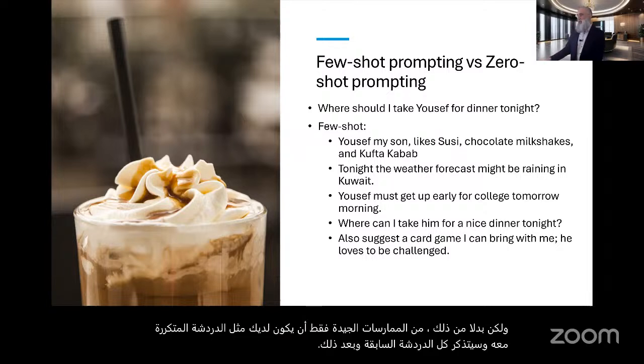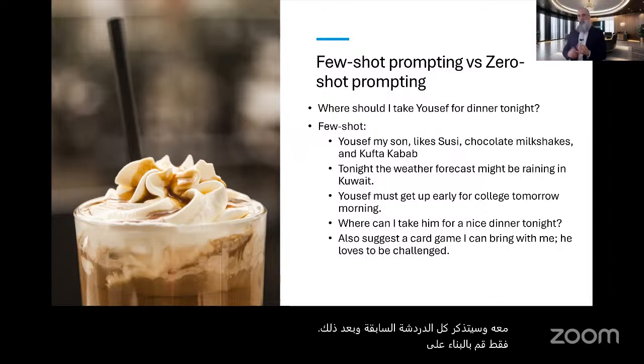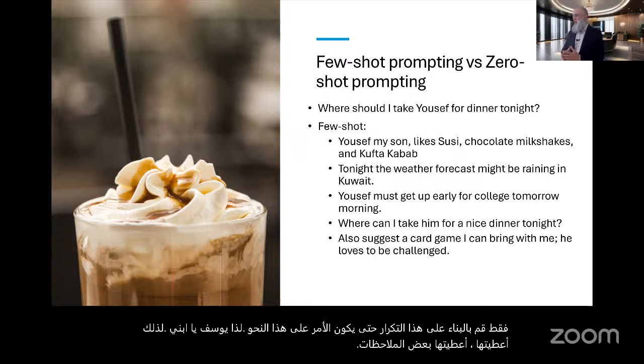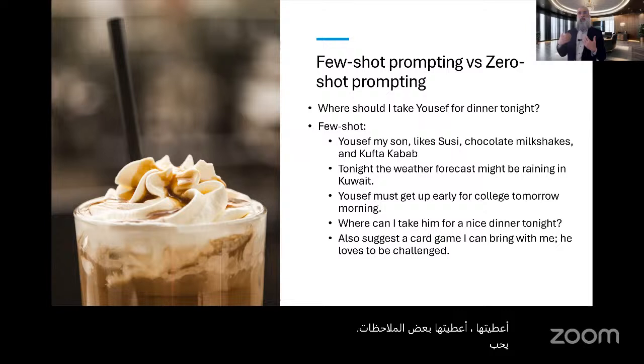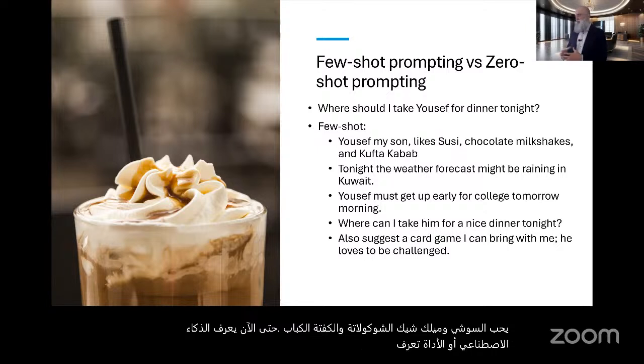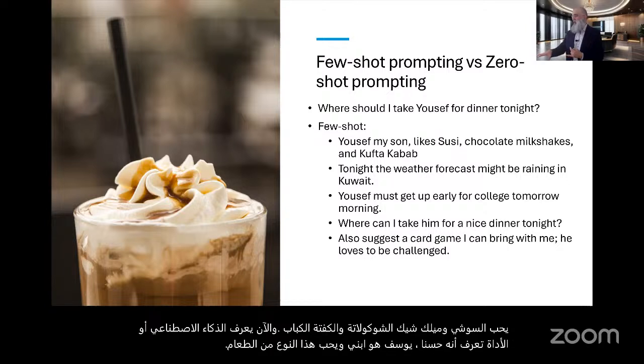So it will be like this. Yusuf, my son, so I gave it some feedback: likes sushi, chocolate milkshake, and kufta kebab. So now the tool knows that, okay, Yusuf is my son and he likes this kind of food. And then tonight, the weather forecast might be rain in Kuwait.